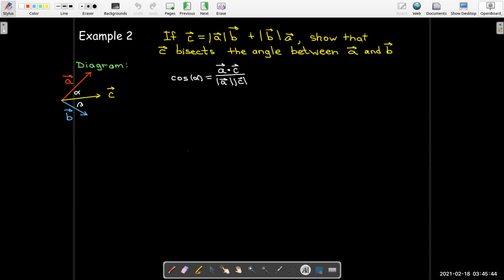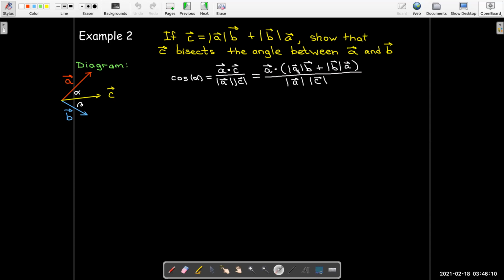So the first thing I'm going to do is in the numerator, so on top, I'm going to replace C with its definition. Then what I'm going to do is use the distributive property to take A dotted with the first term and A dotted with the second term.